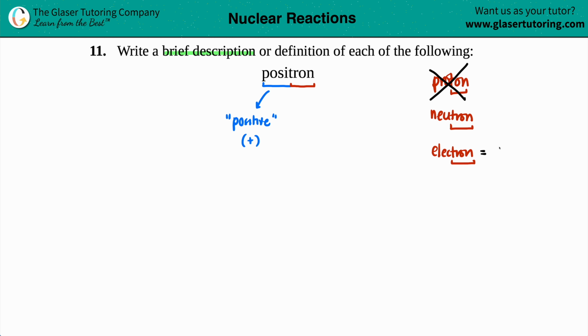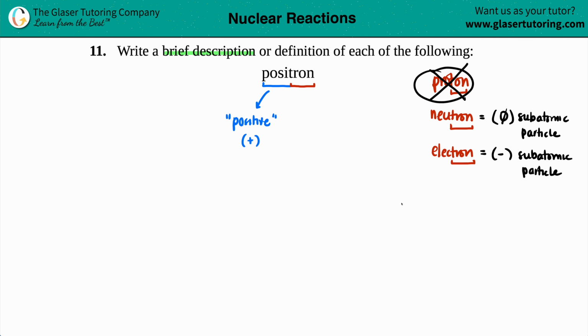Generally, an electron is a negatively charged subatomic particle. The neutron has no charge, and the proton has a positive charge. So if you're already saying it is positive, and the proton is already positive, you wouldn't have that being the positron. So this is actually coming from the word electron, because generally electrons are negative.